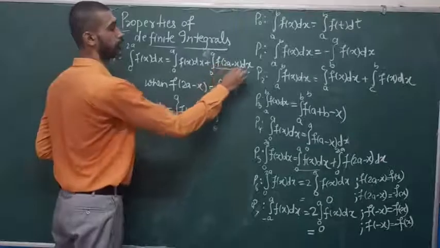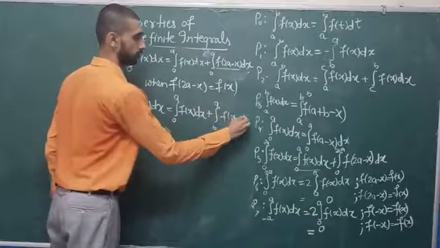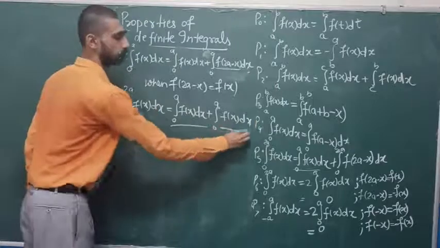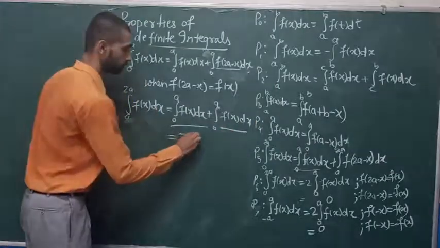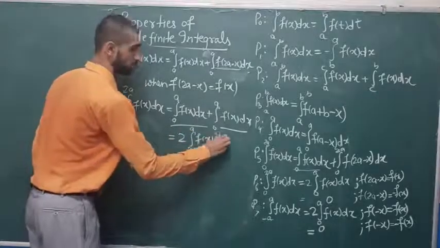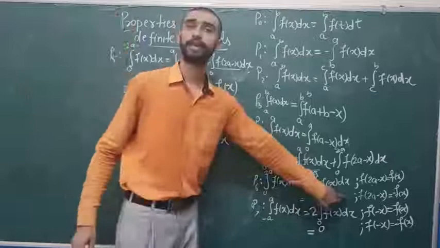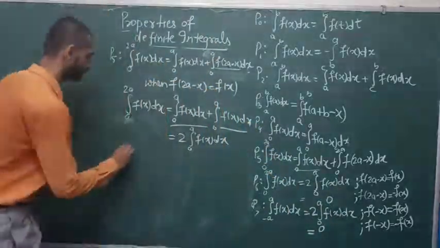I will put the value of f(2a minus x) equals to f(x). And both of these integrals will be added because both of them are same. Now the second part, when f of 2a minus x equals to minus f of x.